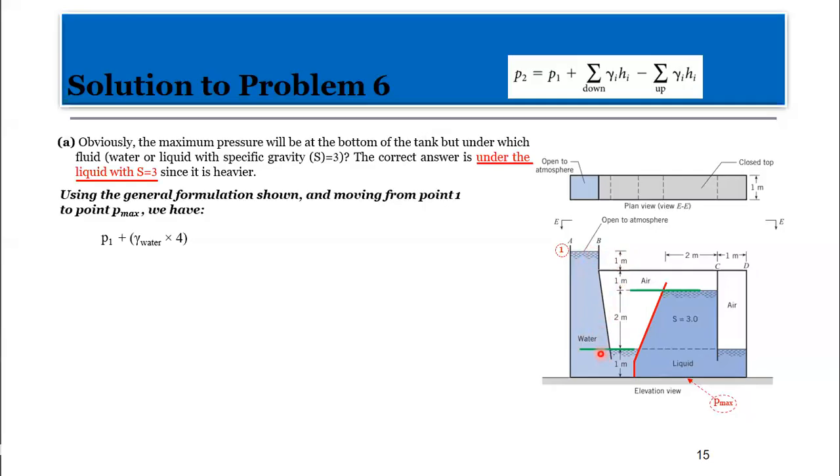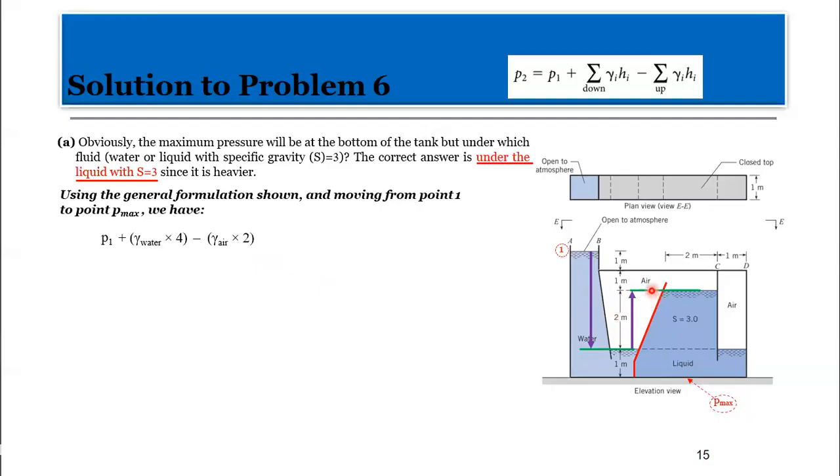Then remember, we will move down here, it will cancel here. So we just come and start from here. So upward movement, negative, right? Minus. So first of all, the arrow indicates the direction that we've chosen. Secondly, we'll go to the air column, gamma air times 2. Okay, good. Now, if we do that, this is the arrow I'm talking about from here to here.